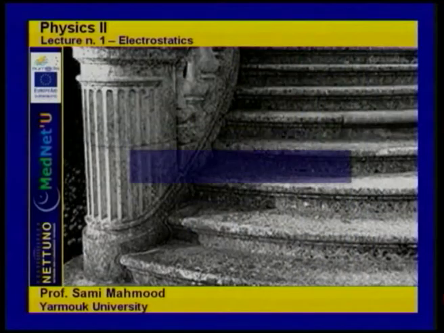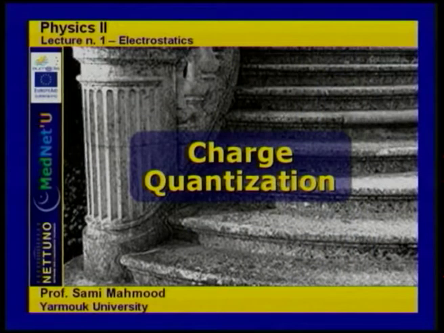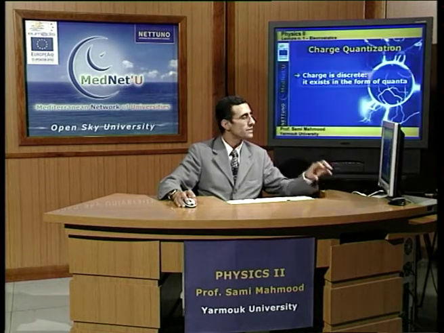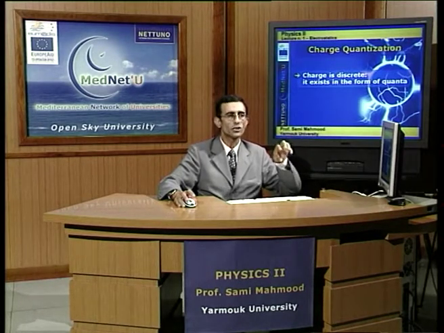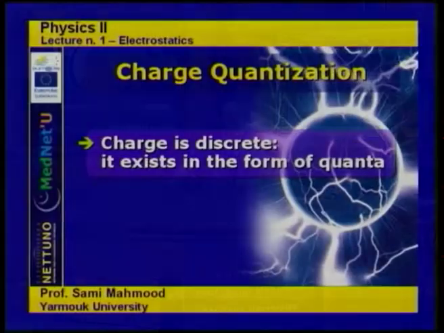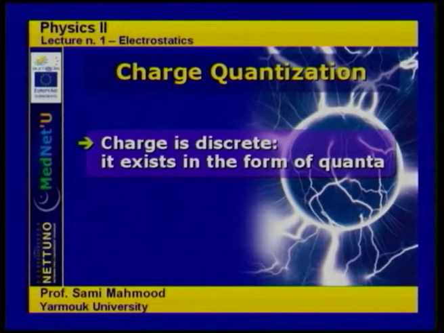The charge in nature is quantized. You cannot have any amount of charge you want. You can have amounts of charge that are simply an integer multiplied by a quantity. Charge is discrete. It exists in quanta, in quantities.